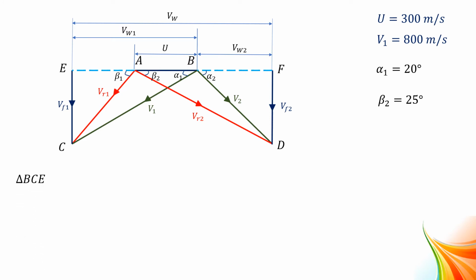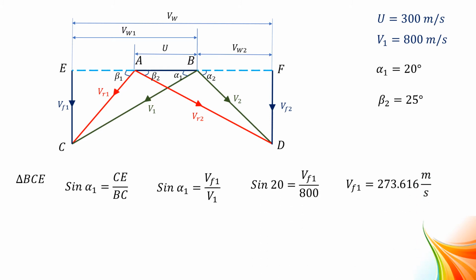Now consider the right angle triangle BCE. Take sin alpha equal to opposite side divided by hypotenuse. So sin alpha 1 equal to VF1 divided by V1. Substituting the values of V1 and alpha 1 in this equation, we get VF1 equal to 273.616 meters per second.